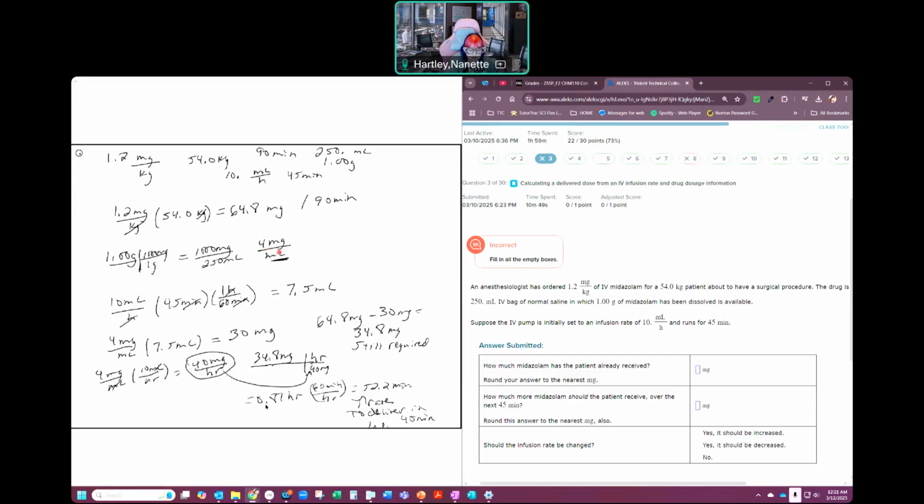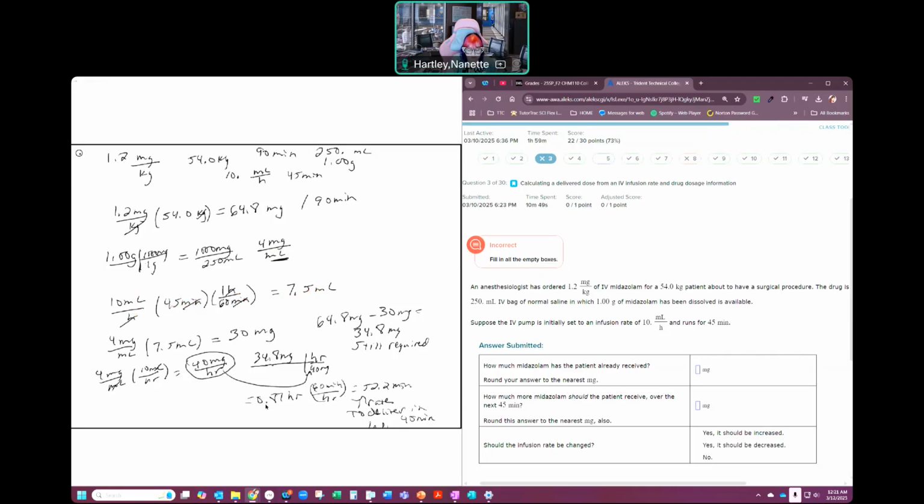That's how many milligrams per milliliter. And so I can look at how many milliliters have been delivered over the time frame, and do this conversion from hours to minutes to tell me what volume has been delivered.